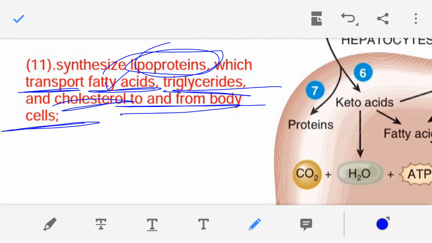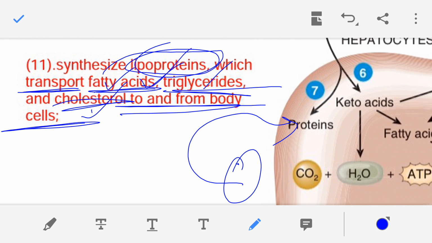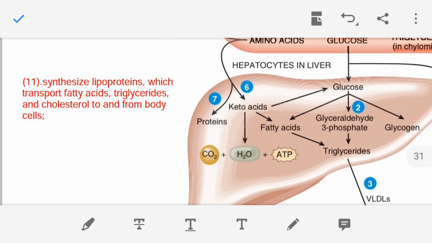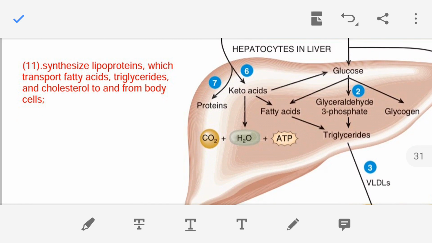They are transporting fatty acid, triglyceride and cholesterol to the body cells, and whenever there is a requirement from the body cell, they are transported back to the liver. In this transportation, the lipoproteins play a vital role, and these lipoproteins are formed in the liver. So formation of lipoprotein is also a function of the liver.